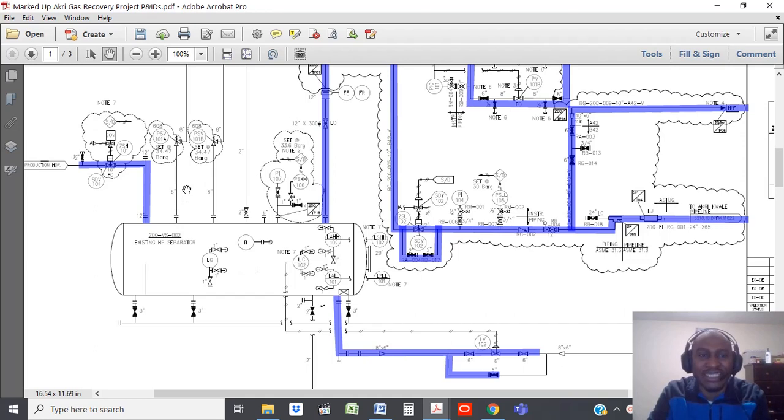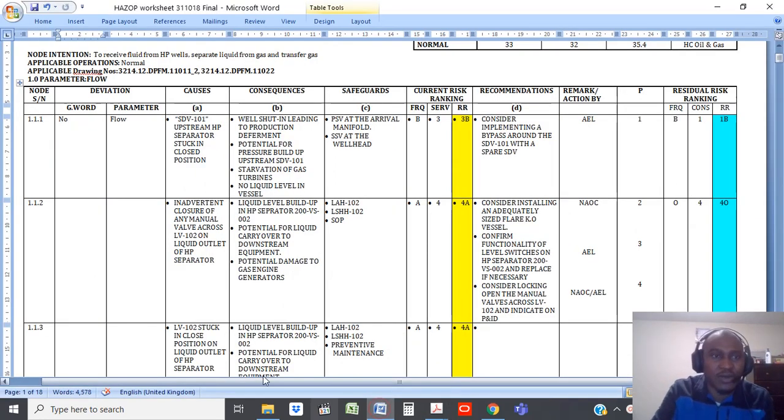What could actually cause a deviation from that design intent? And so we've looked at it, and now the first guide word normally in a HAZOP should be flow, because we want to flow either fluids or gases or liquids or oil or water. We're always flowing something because that's what the whole process is about. So normally we start with flow.